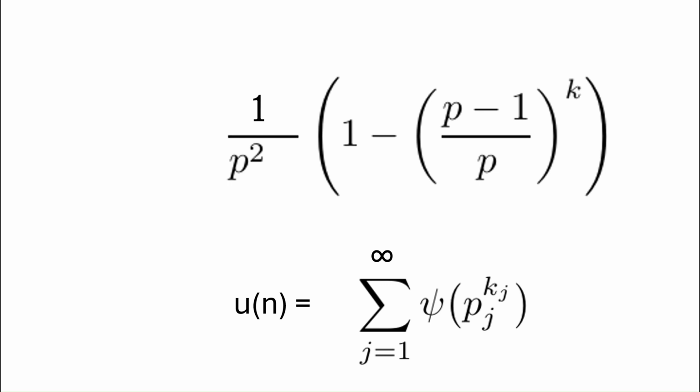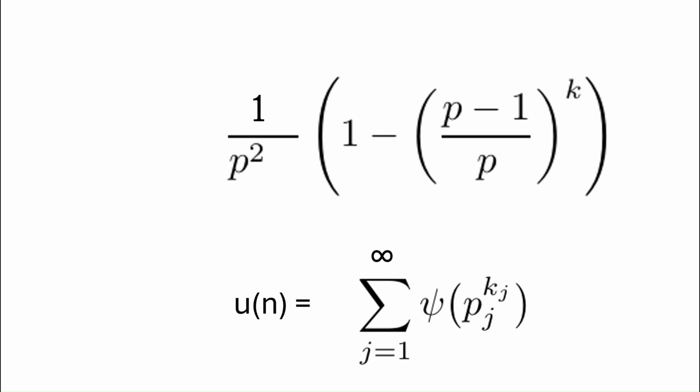Each time we call this version of psi, it returns a value between 0 and 1 over p squared, right?